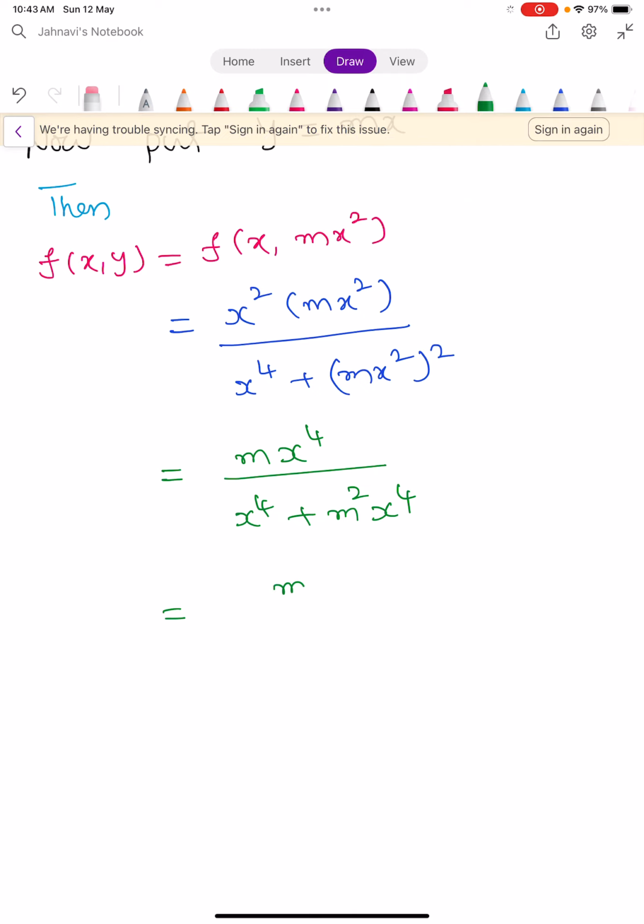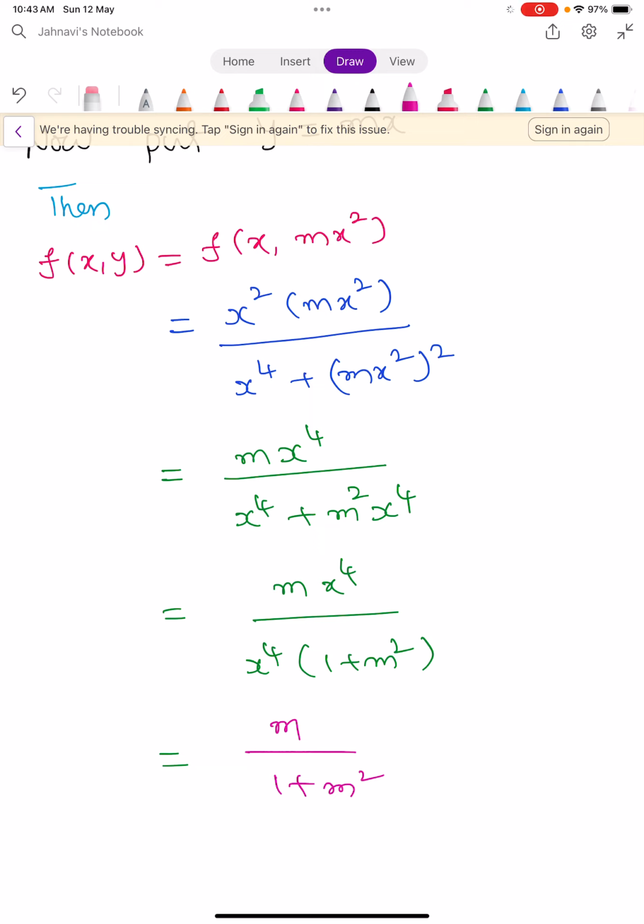This simply becomes mx to the power 4 divided by x to the power 4 times (1 plus m squared). So obviously you get x to the power 4 times m divided by 1 plus m squared.